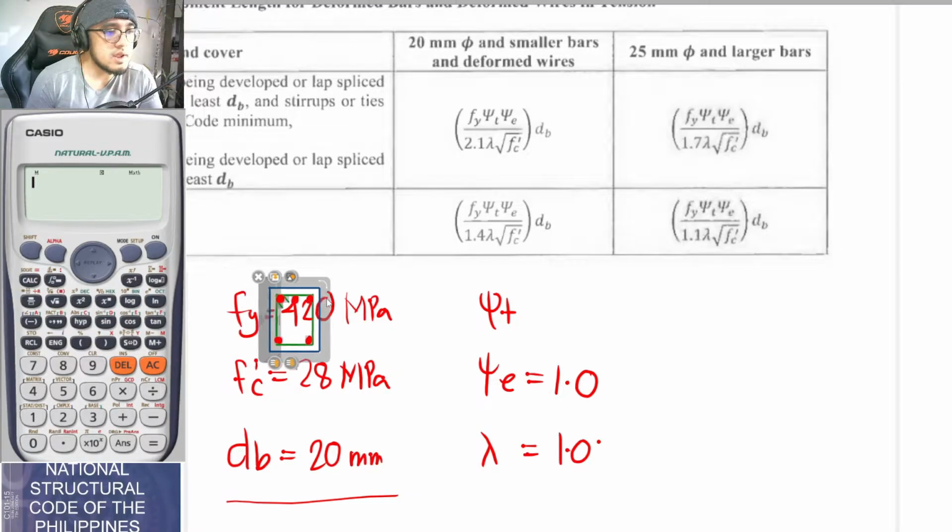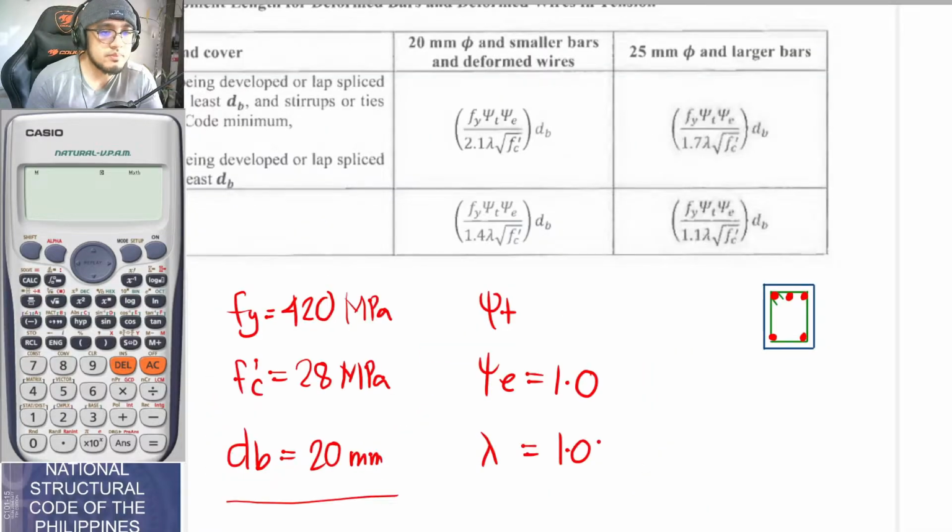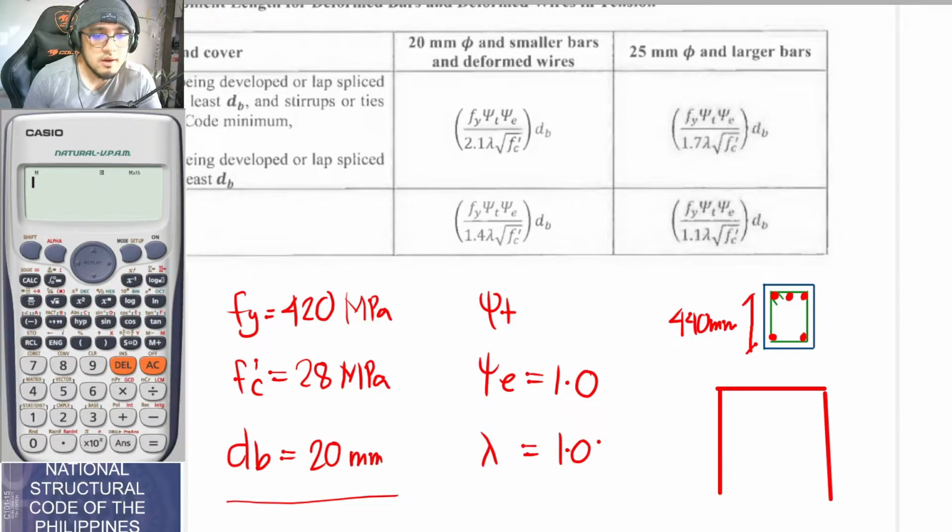In this particular section, the total depth is to be 500 mm and the effective depth is to be 440 mm. But take note, guys, that the value for your d is to be measured from the centroid of your rebars here.